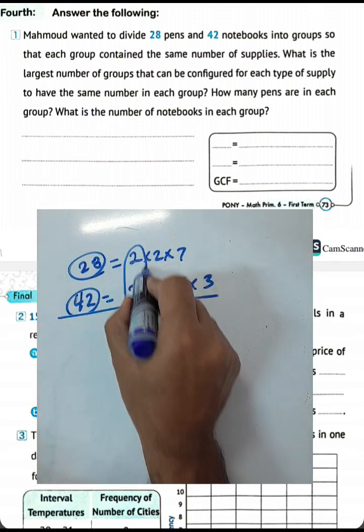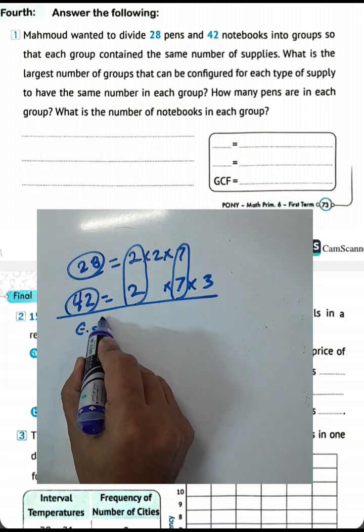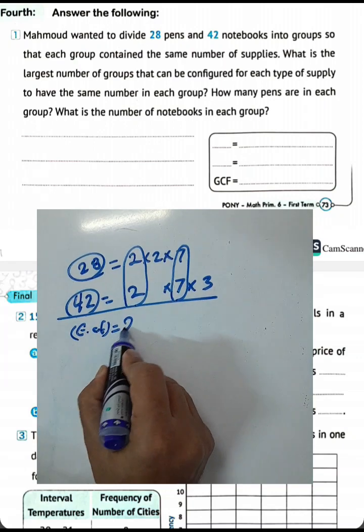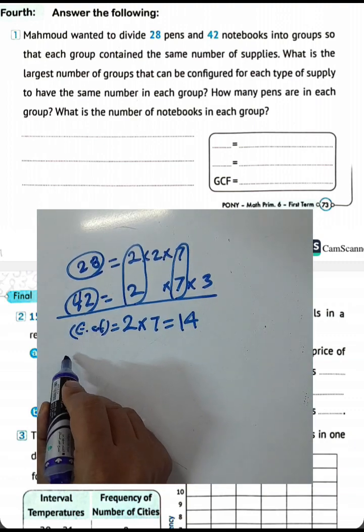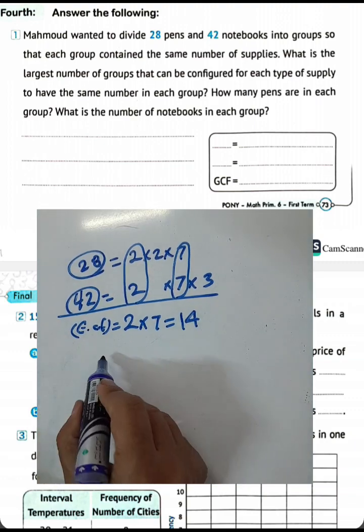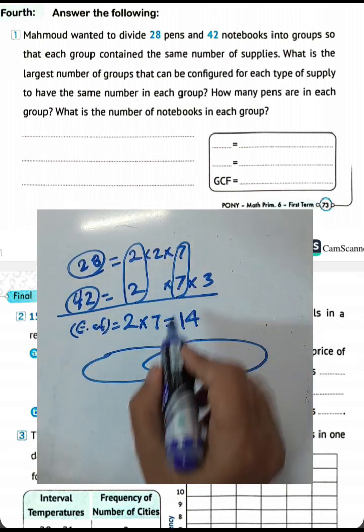Then take the common factors to find the greatest common factor. Write 2 times 7, it will be 14.